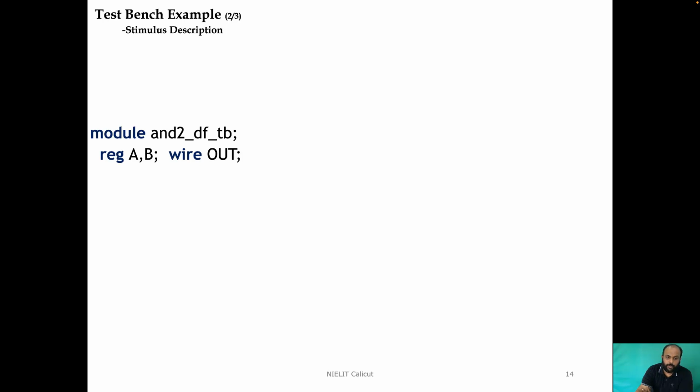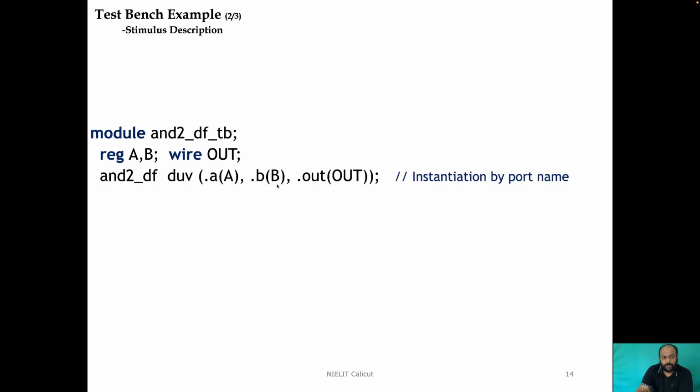The next thing we do is instantiation of the design to be verified. As normal, we write the name of the module to be instantiated. The name of our DUV module is actually AND2_DF. Then we write some instance name or label. We have labeled it as DUV.